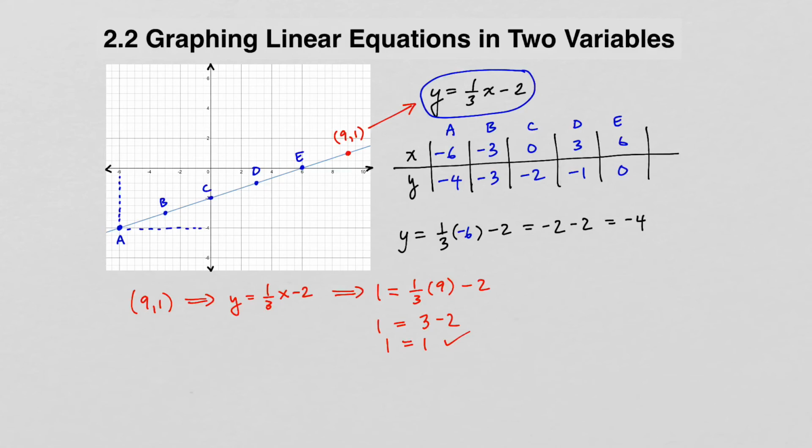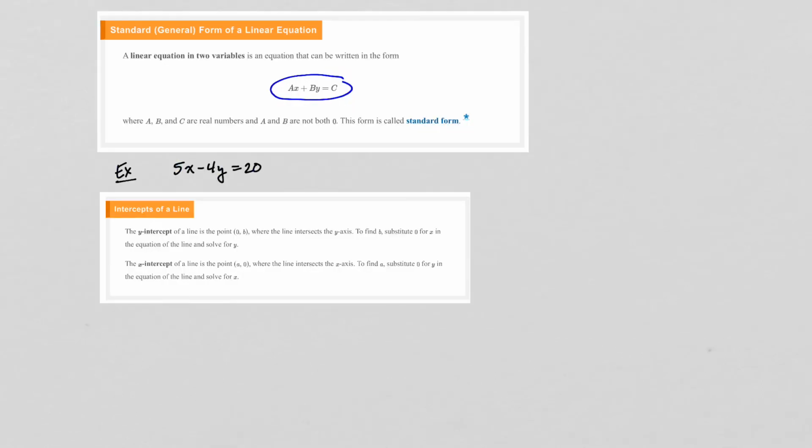It was in a different format, which we'll talk about later. An example of something in standard form might be this equation here: 5x minus 4y is equal to 20. Notice that a in this problem is 5, b is negative 4, and c is 20.